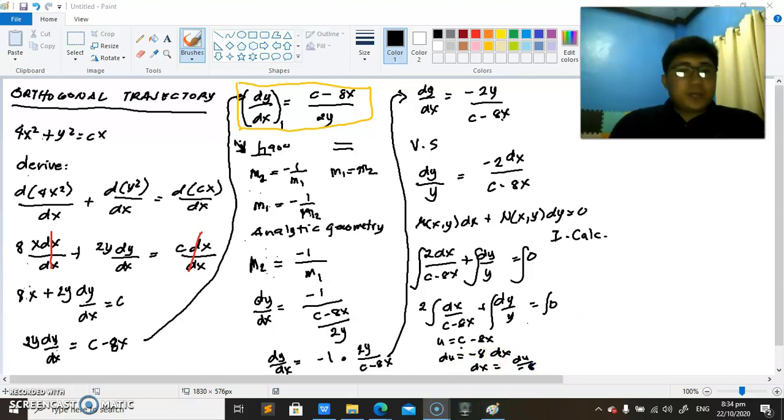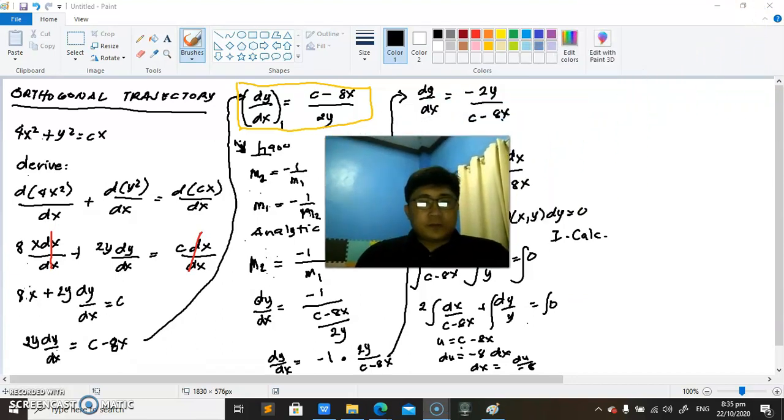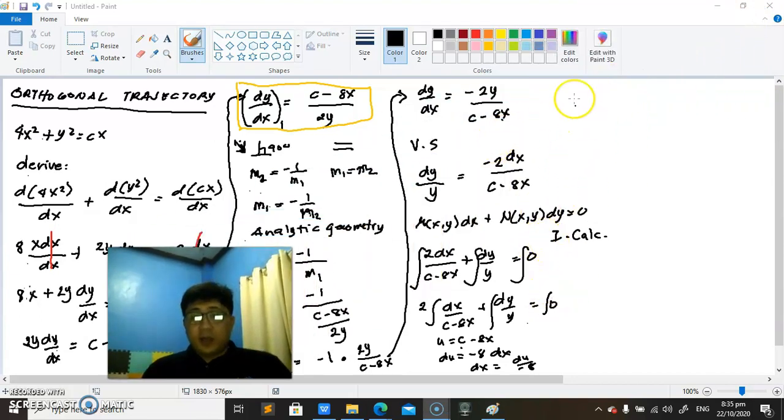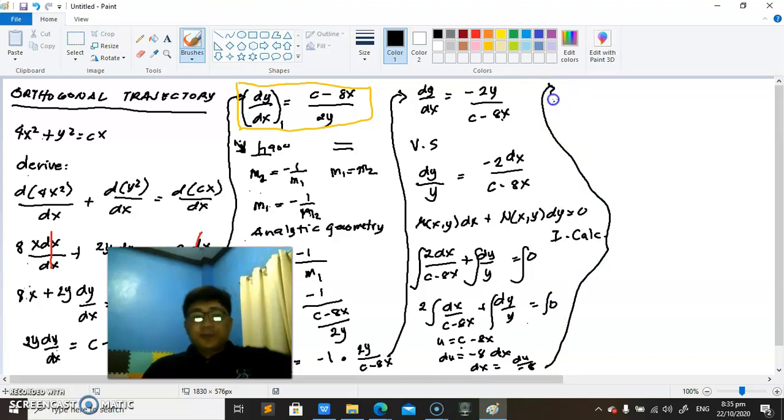After that, let me transfer it here. We have 2 integral, and our dx is du over negative 8, over c minus 8x, that is our u.